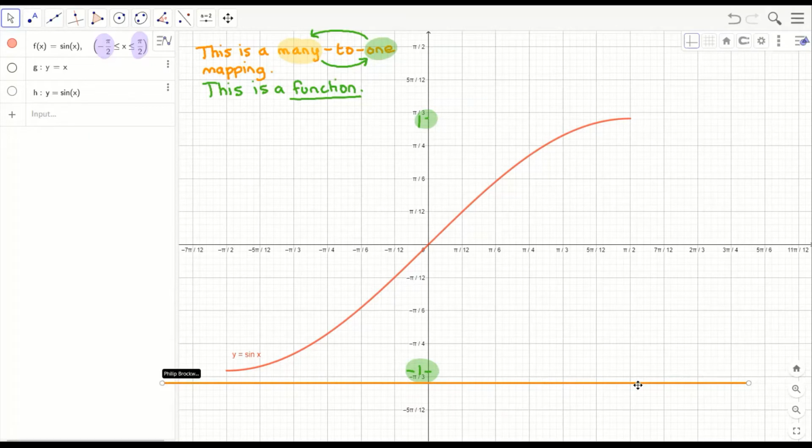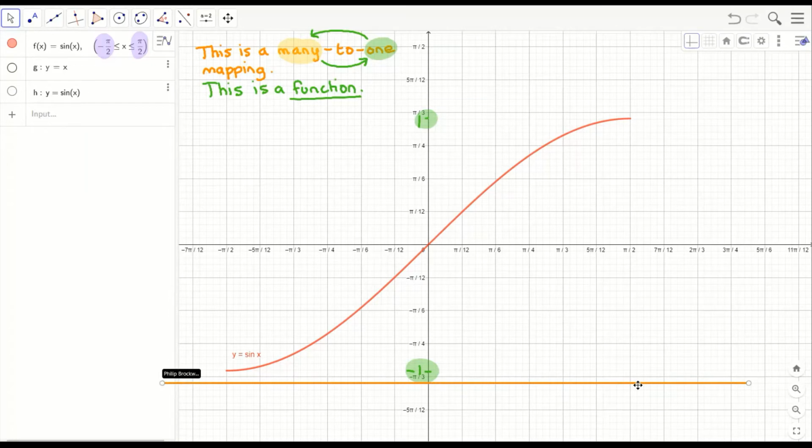Okay, now the question is, what does the inverse look like? Well, we don't really need to know much about it other than we can see with a little bit of a revision of what we've done on functions previously, we can sketch the graph pretty easily.